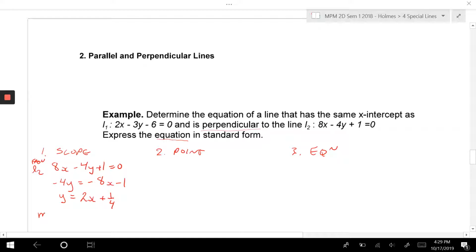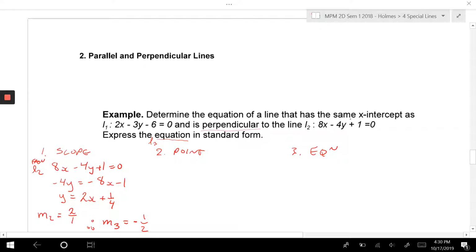So this tells me that the slope of line 2 is 2 over 1. Therefore, the slope of my third line, this is the equation here, is going to be the negative reciprocal, so it's going to be -1/2.